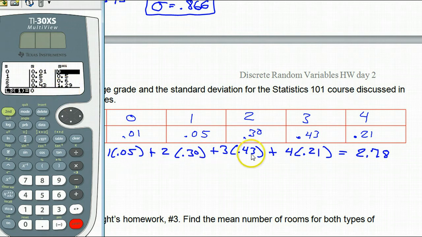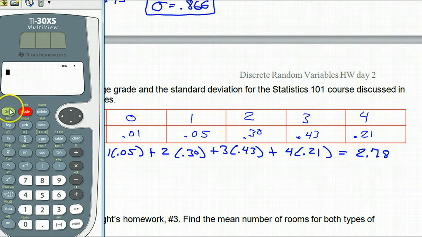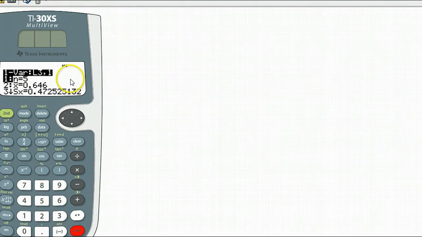Now I need the sum of all my xp's. So if I quit out of this first, then do second data, one variable statistics, make sure you're doing list 3. Let me just blow this up for a second.